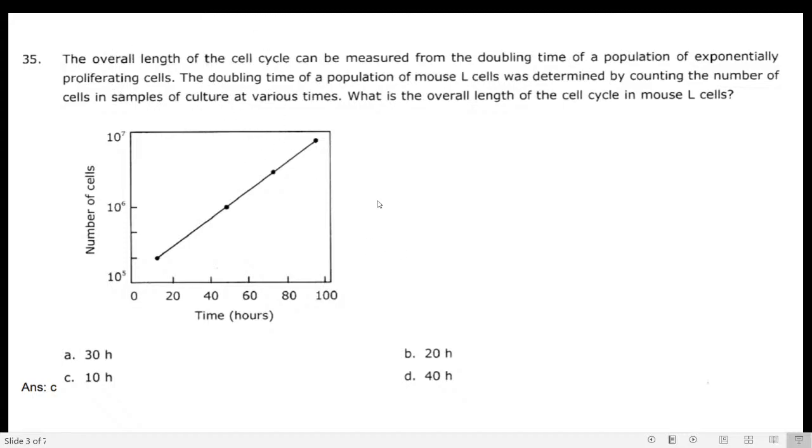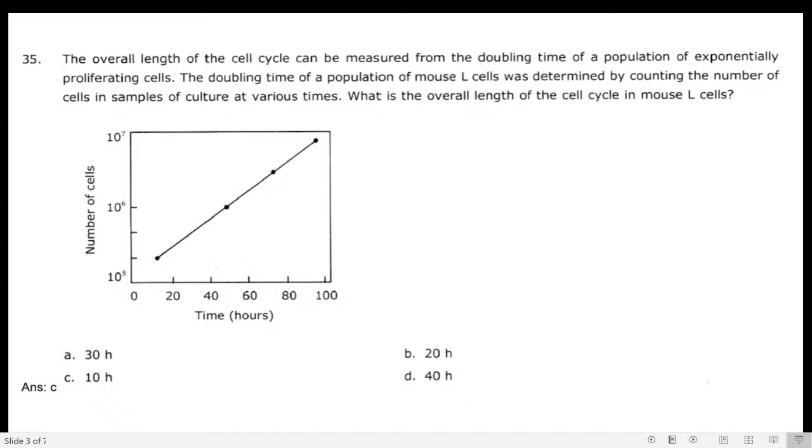Okay, if they count the sample culture, likewise they find the cell cycle length. If the number of cell cycles increases, the cell count increases. That is the concept here.